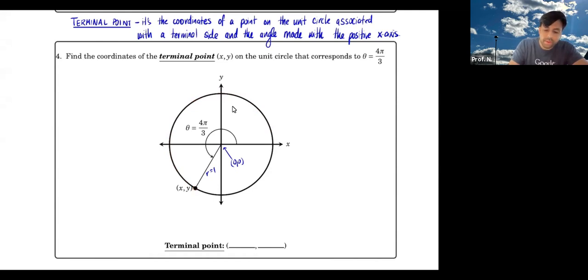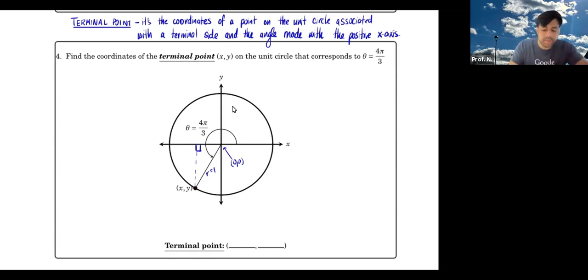So how do you go about this? Well, one way to interpret this is, again, drawing these right triangles here. In a sense, this right triangle gives us a lot of information about the terminal point itself.